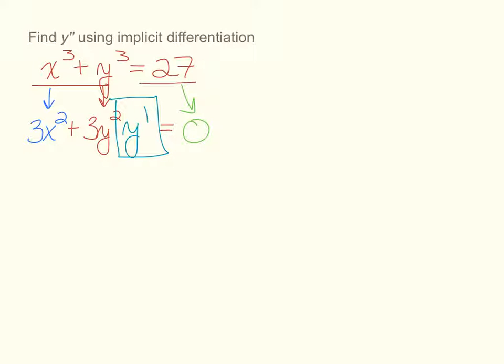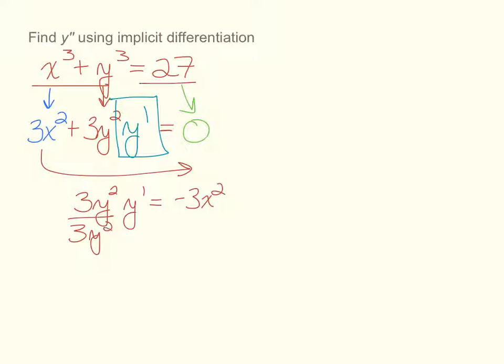So we solve for this. We subtract 3x squared from both sides and get 3y squared y prime equals negative 3x squared. And the last step is to divide by 3y squared.